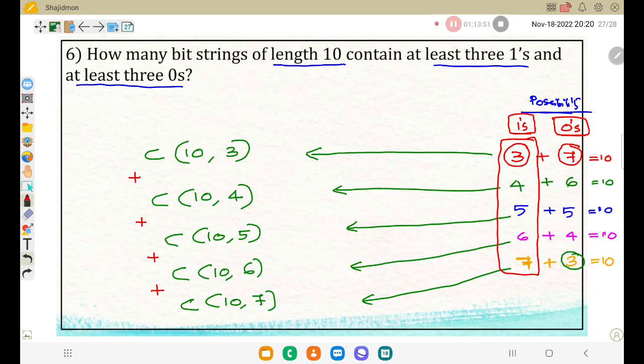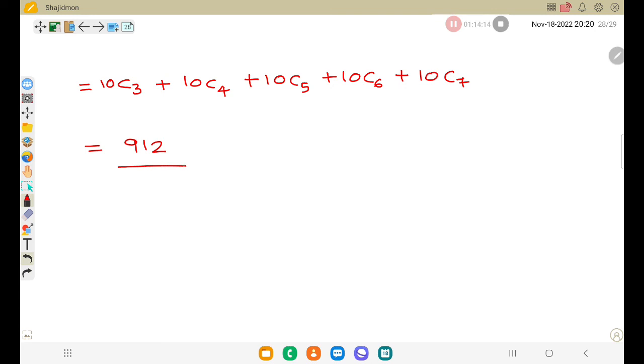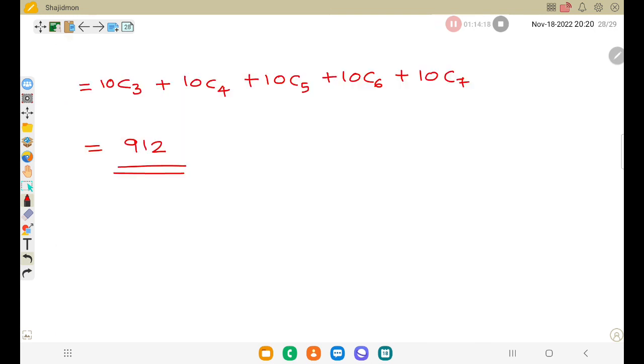So 10C3 plus 10C4 plus 10C5 plus 10C6 plus 10C7, you will get the answer 912, okay. This is the question here, 912 ways we can arrange the objects.